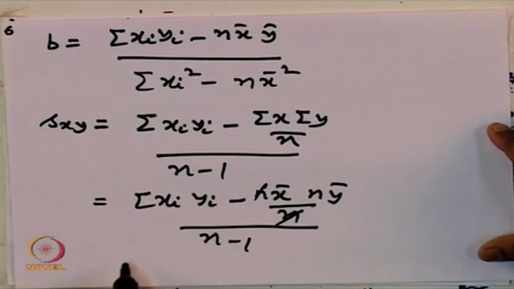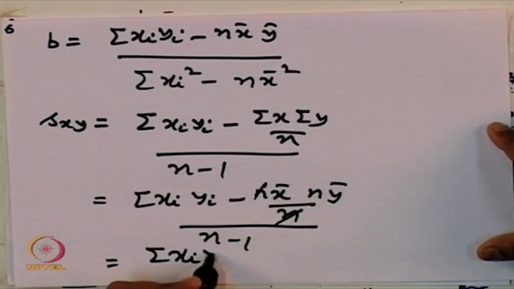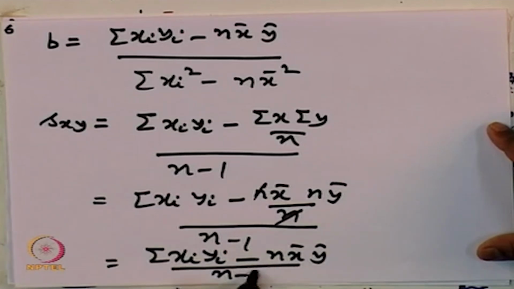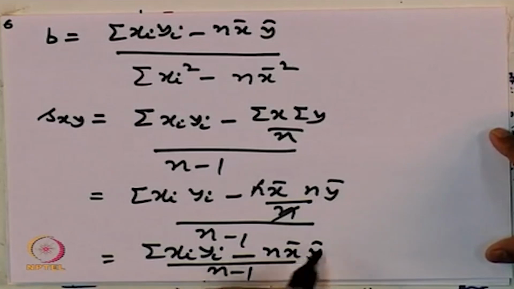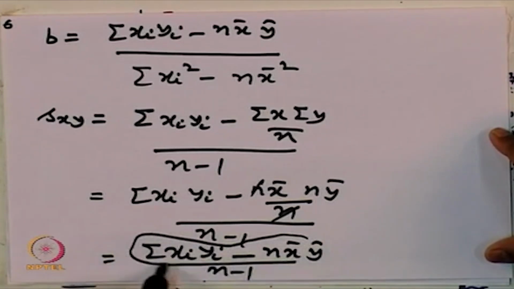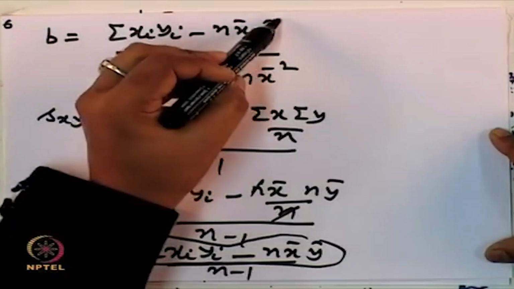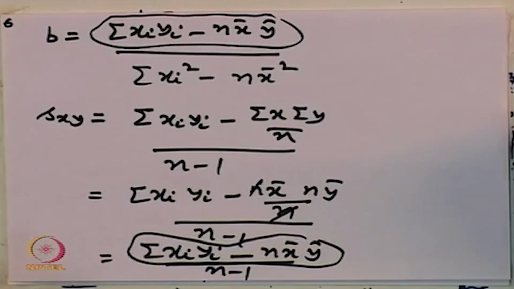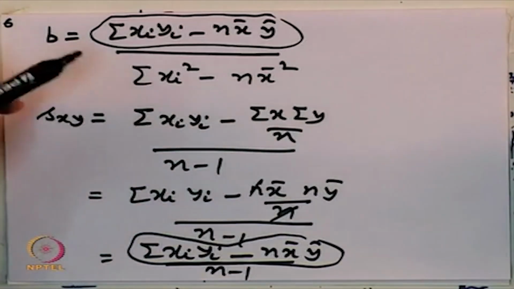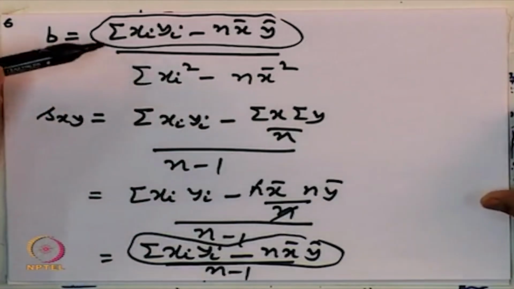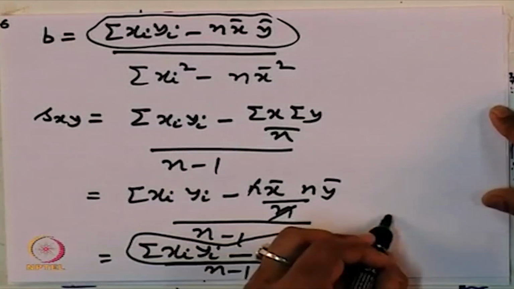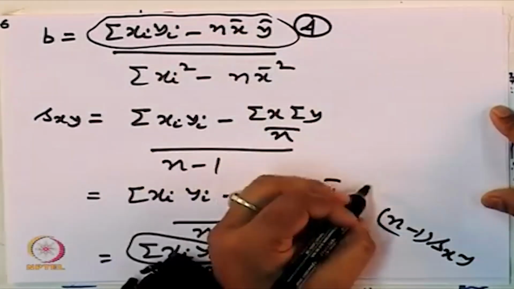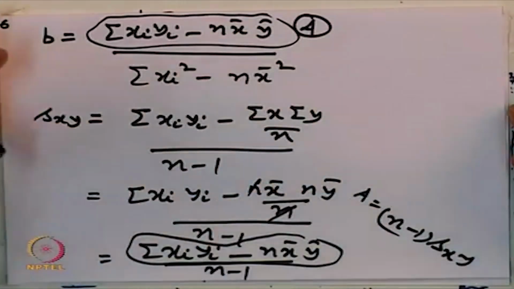So, I can cancel each other out. So, I simply get summation xi yi minus n x bar y bar whole divided by n minus 1. Okay. So, in other words, you see that this whole term is nothing but this whole term here. So, this term is nothing but n minus 1 into sxy.